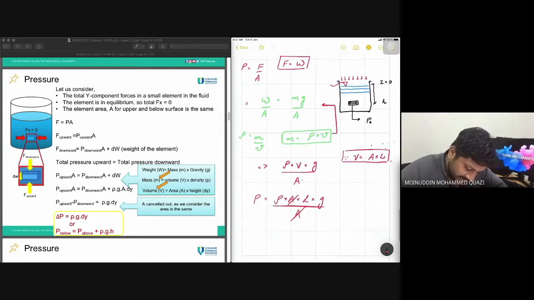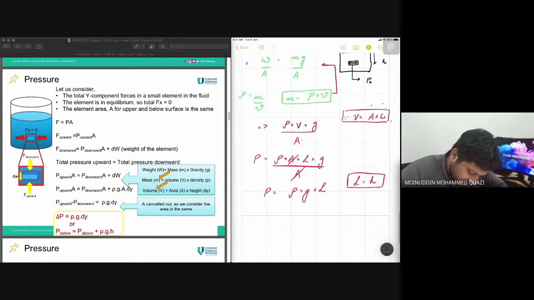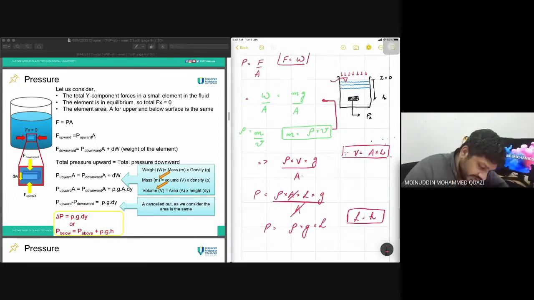Area cancels out. So pressure is equal to density into gravity into length, and in our case length is equal to the height of him. We are going to take this height.